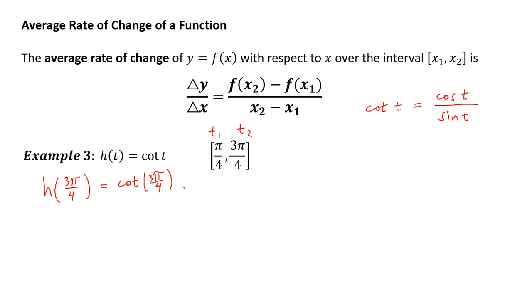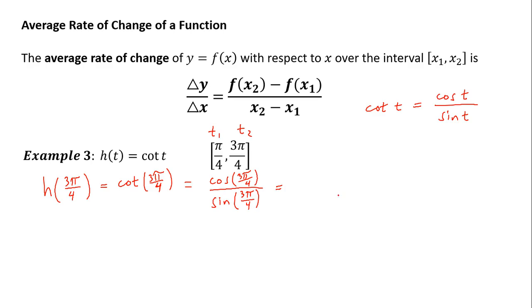Alright, so this one is the same as cosine of 3 pi over 4 over sine 3 pi over 4. Okay, and then you can just recall the unit circle to find the values of each of these.